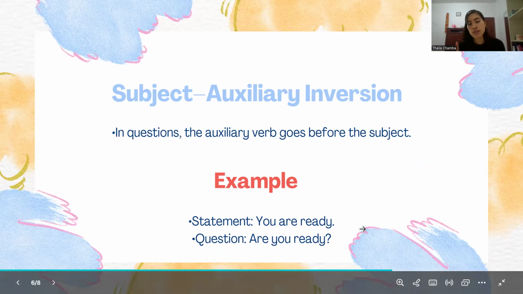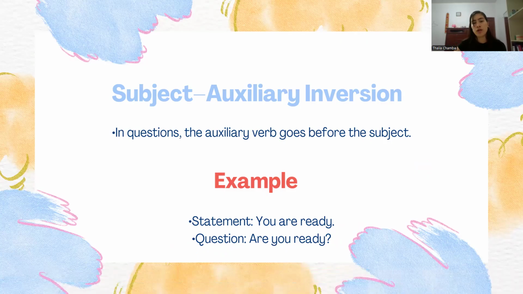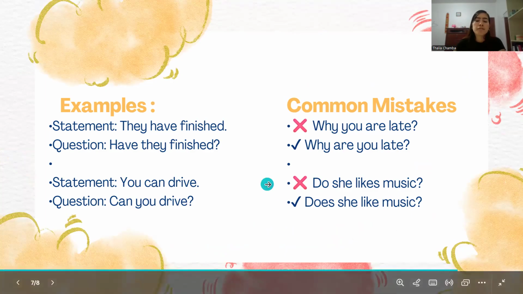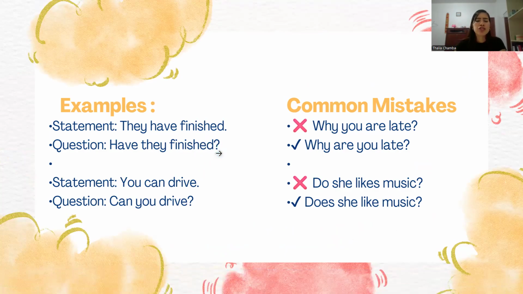Now let's look at more examples, okay? Here we go. Here we have more examples, right? Here we have the first statement: they have finished. First of all, here we have moved the auxiliary "have" before the subject "they." So it becomes, have they finished?